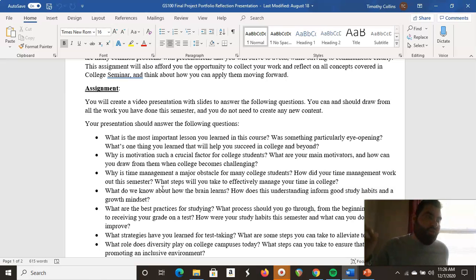in such a way that you'll walk away from the class remembering these things. Because like I said, all the lessons from this course really are critical bits of information for you to be successful in college. So it's important that you don't just forget everything as you walk out the door. It's important that you remember some of these things, especially the lessons that were most useful for you.